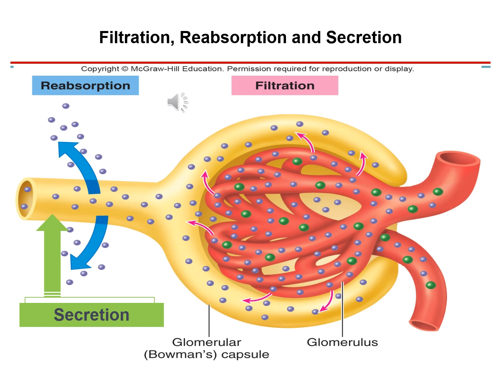From the capsule, they pass into the tubes: the proximal, the loop of Henle, the distal, and the collecting tube. And during their passage through any of those tubes, the other two actions take place, either reabsorption or secretion.